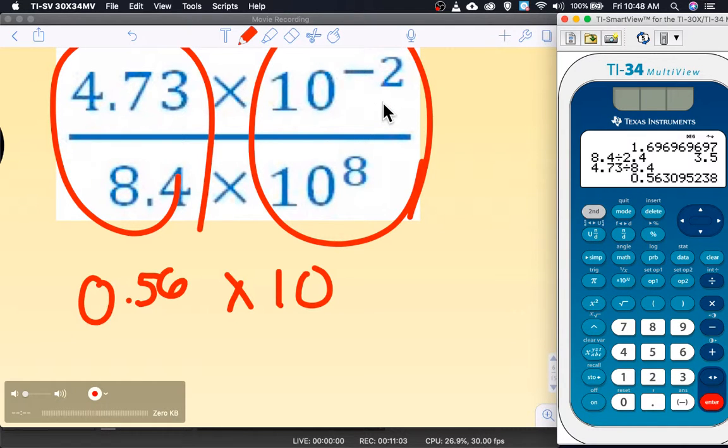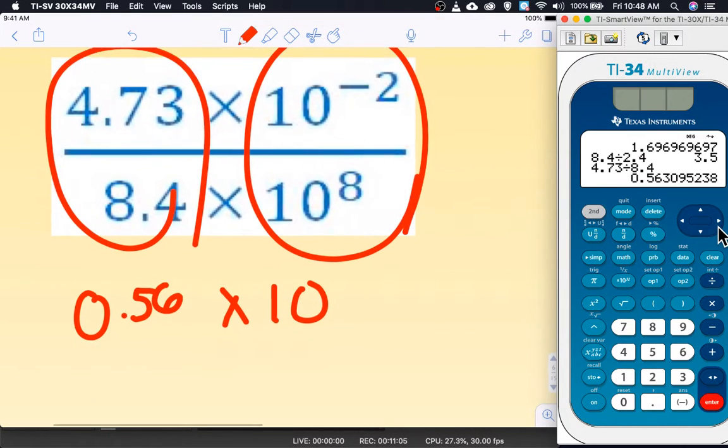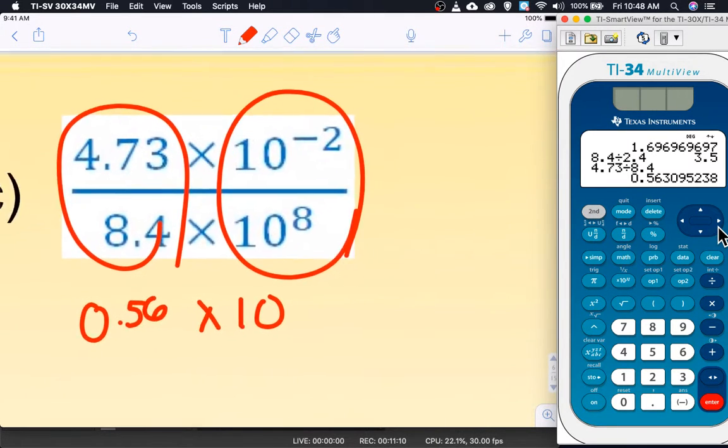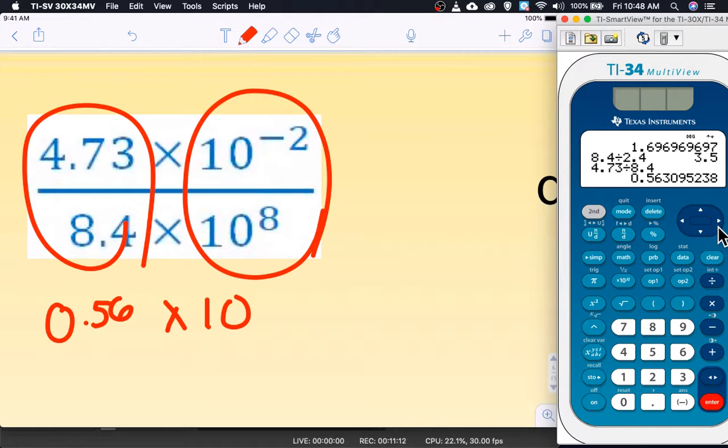How do we do this? There's two ways I can think of that are both relatively easy. One way is using subtraction, top minus bottom: 10 to the negative 2 minus 8, top minus bottom, would give us 10 to the negative 10th power.